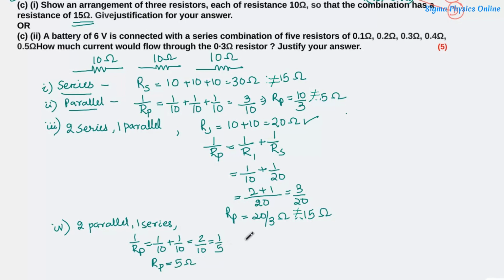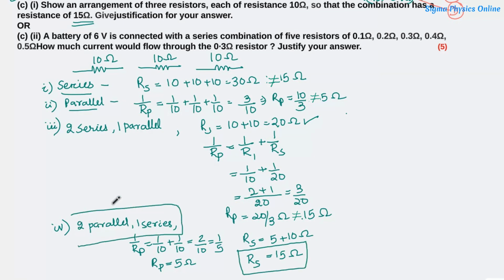Now this 5 ohm is connected in series with the third resistor, which is of 10 ohm. So the resistance in series is 5 plus 10 ohm, which is 15 ohm. Hence the overall resistance comes to be 15 ohm in this combination, in which we have connected two in parallel with one in series. Let's look at how the diagram would look.